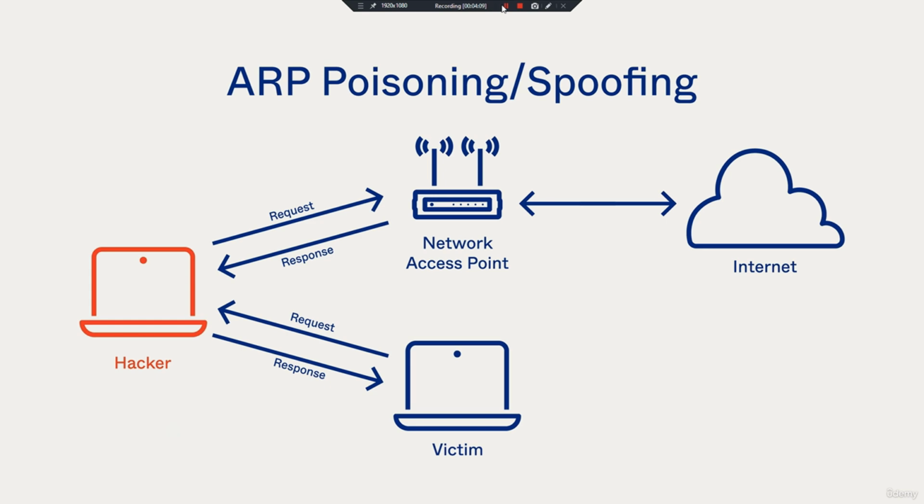Once the victim presses enter with his Gmail and password, you will get the data in your logs in your Kali Linux terminal, or whichever Ettercap or any other software you're using to attack. So this is a post-connection attack. You can only do this once you are connected to the router.